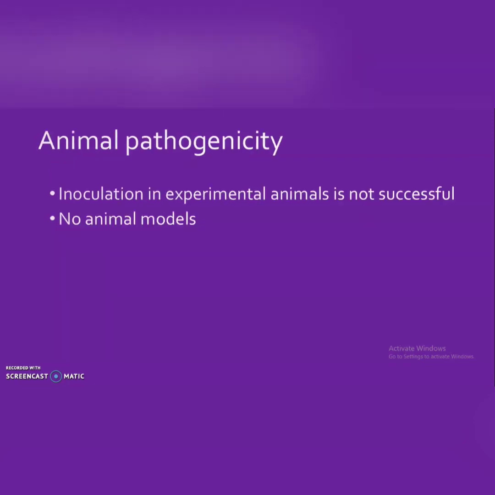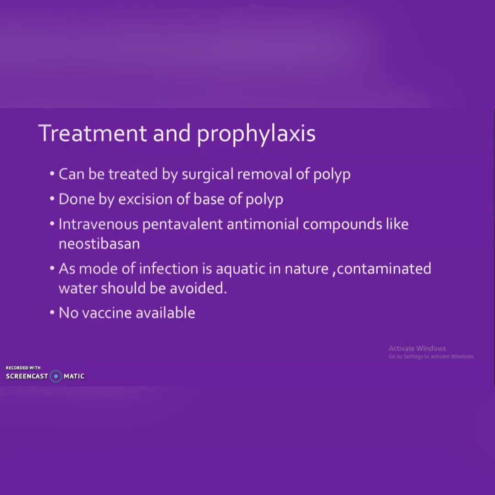Then coming to animal pathogenicity, inoculation in experimental animals is also not successful because there are no animal models for this Rhinosporidium. That's all about the lab diagnosis. So the effective method for diagnosis is microscopy.